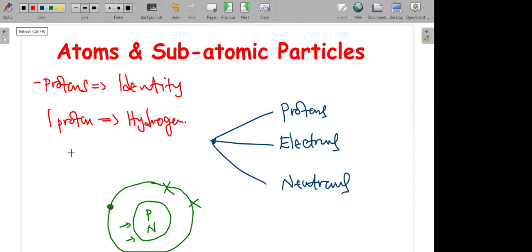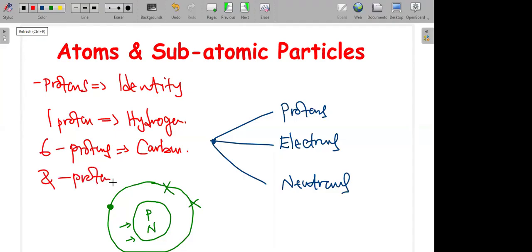Or if I say, give me an element that has 6 protons, the only element with 6 protons on the periodic table is what? Carbon. If it has 8 protons, the only element with 8 protons is what? Oxygen. So this is what the protons do.